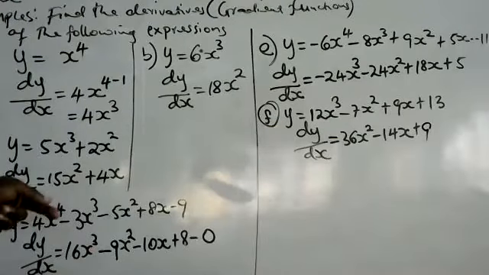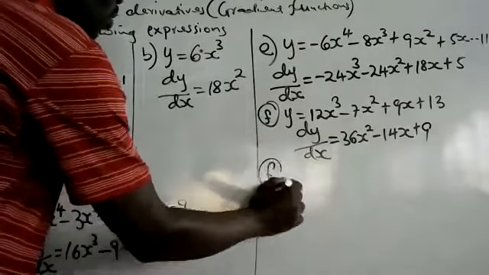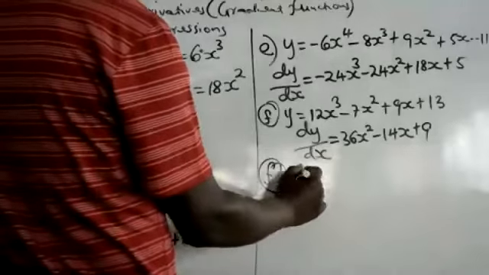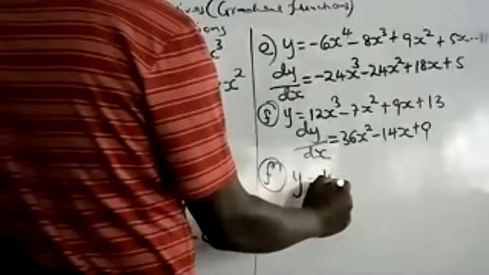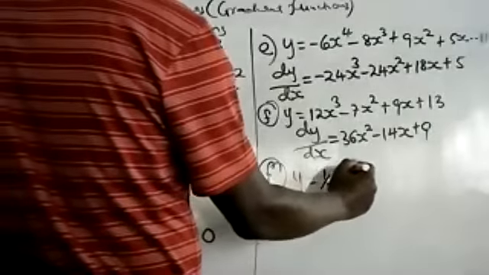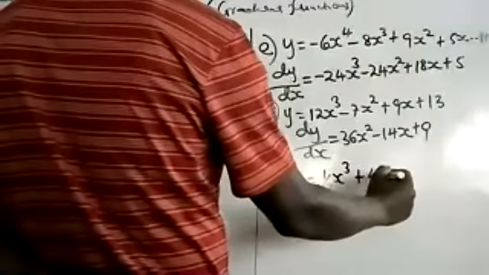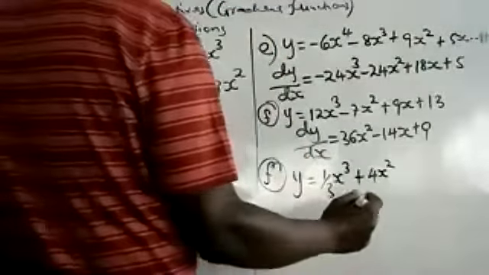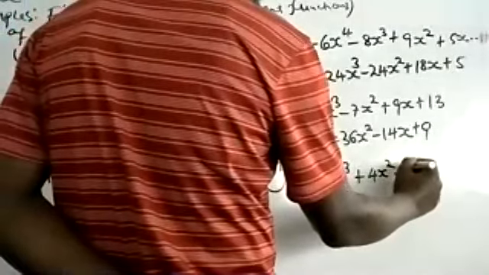The power multiplies the number you want and all that. But maybe we can do the last one, which is 8. What about if we are going to differentiate y is equal to 1 over 3 x cubed plus 4x squared minus 10 over x minus 8?